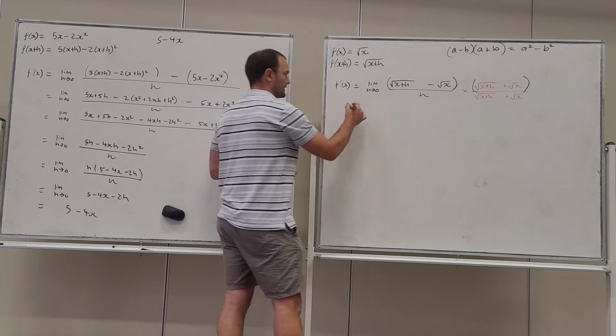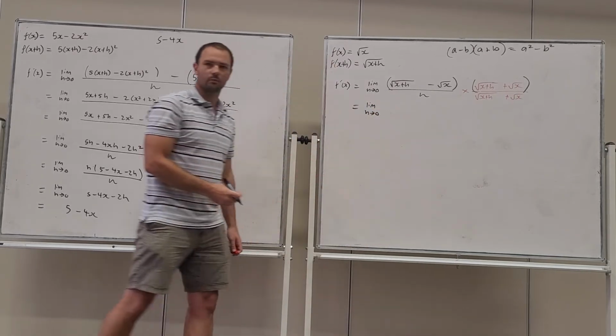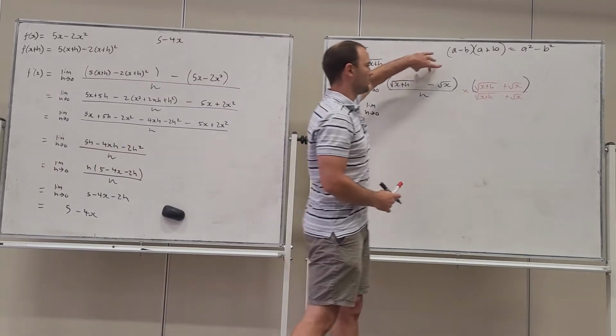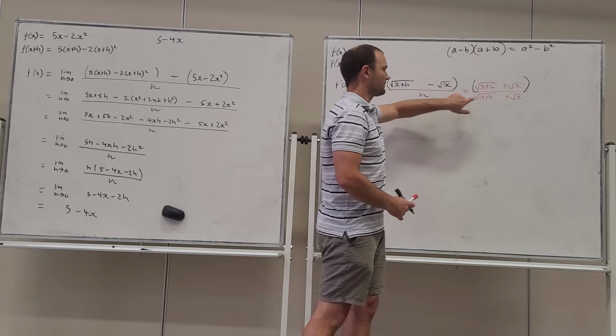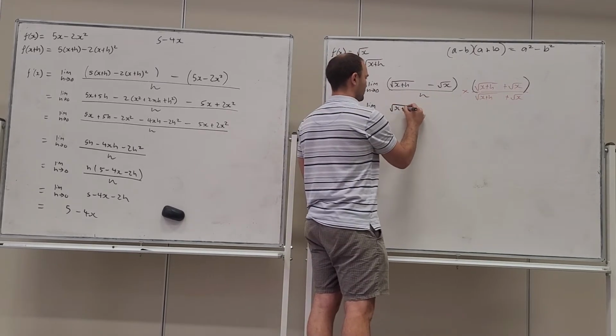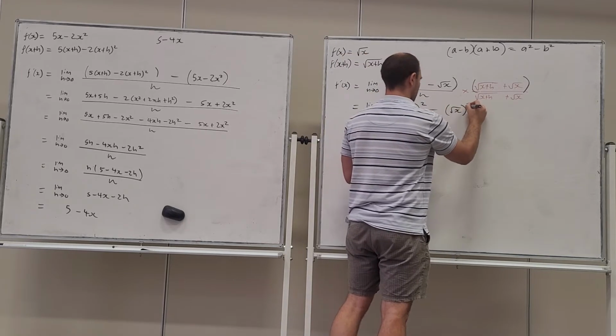So, in our next step, what we've got here is we're multiplying fractions. And whenever we're multiplying fractions, it's just the top times the top and the bottom times the bottom. So at the top, I'm going to write out what we've got. We've got root x plus h squared, take root x squared.